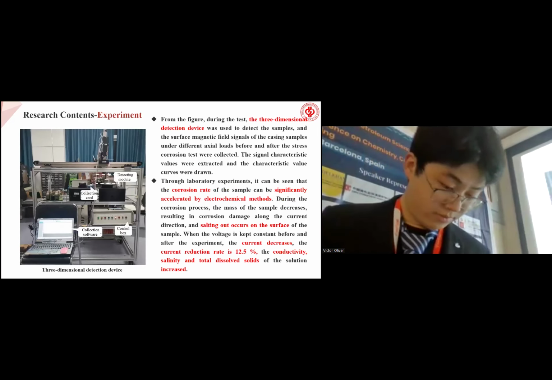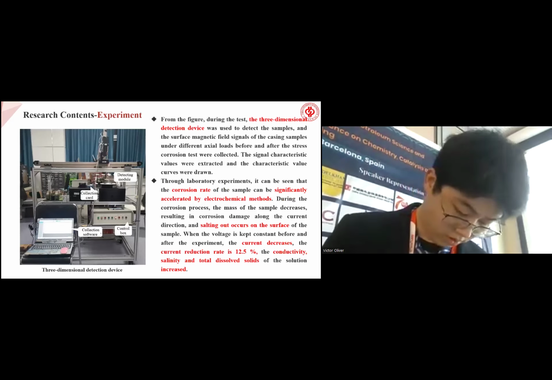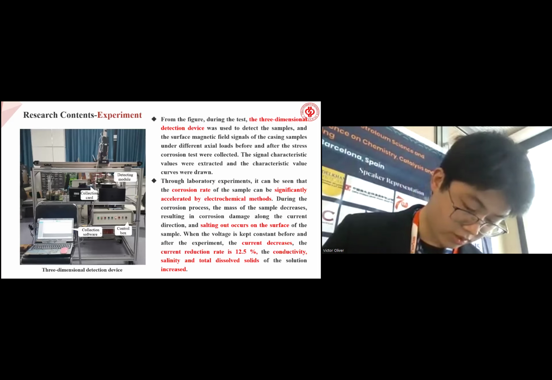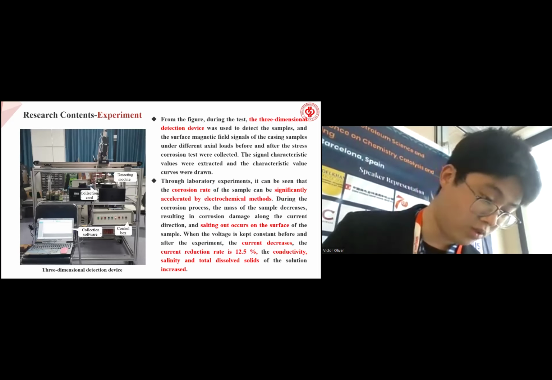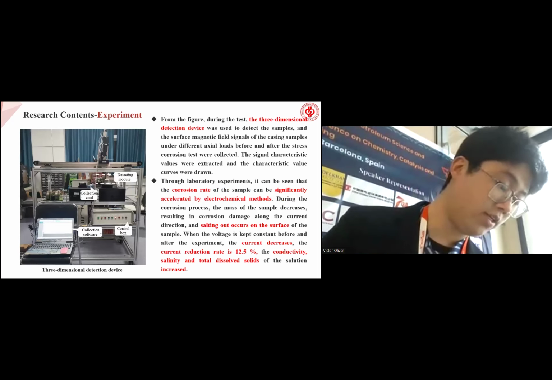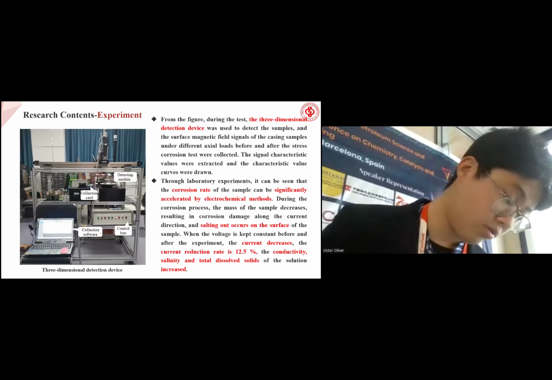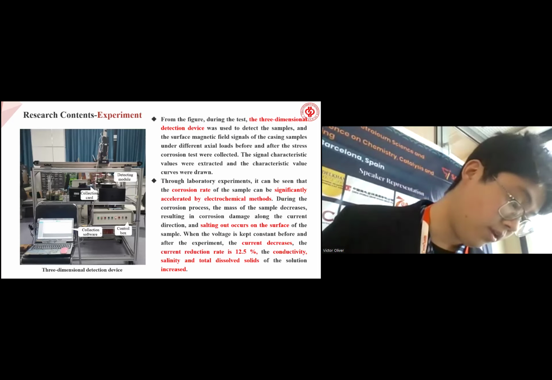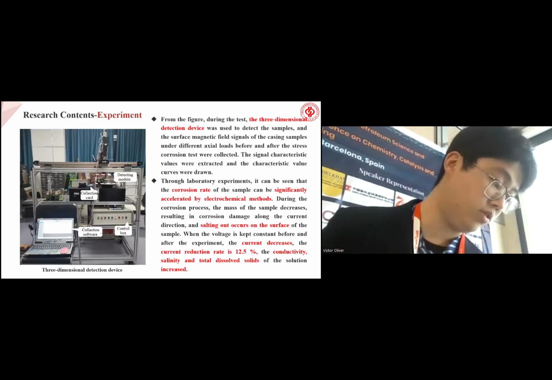As follows, during the test, the three-axis magnetic detection device was used to collect the surface magnetic field signal of casing samples under different initial loads before and after the stress corrosion test.